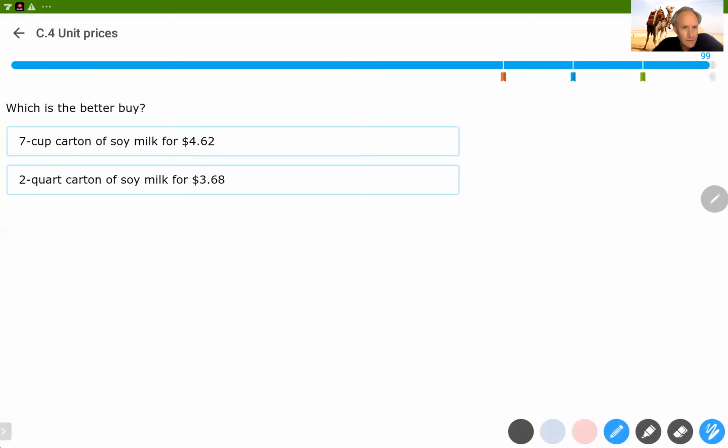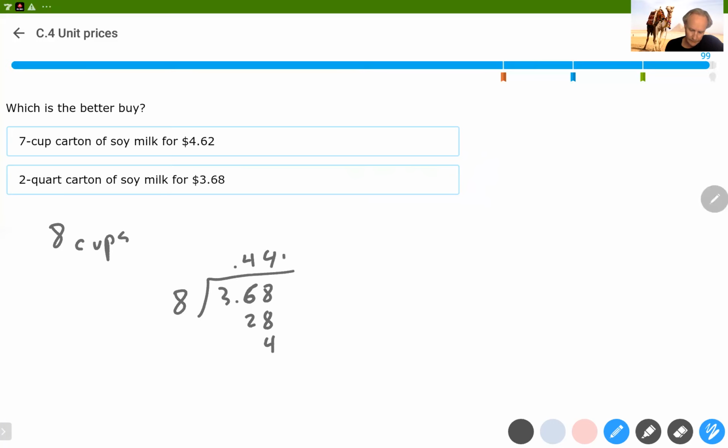All right, 7 cups or 2 quarts. 2 quarts is 8 cups for this. So 8 into 368 goes for 5.445.